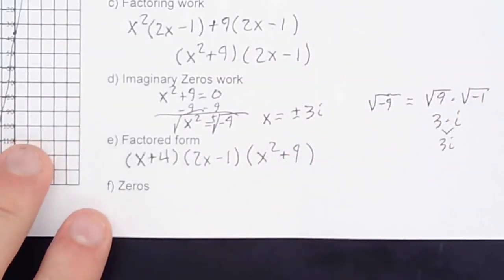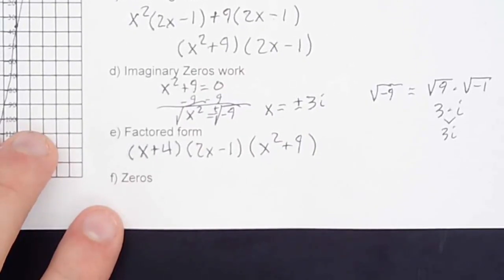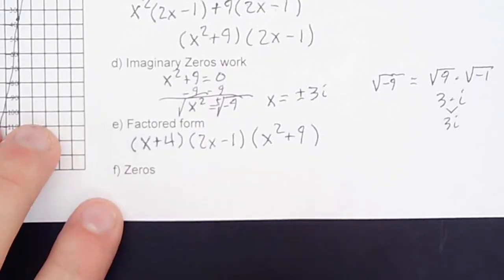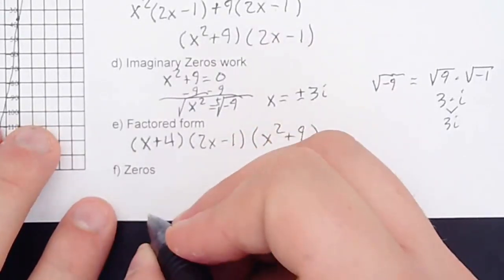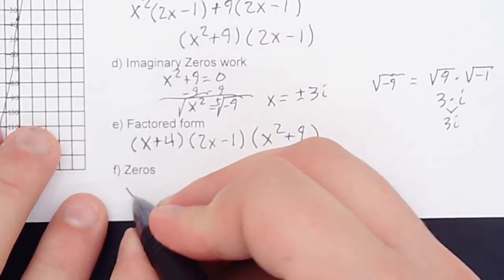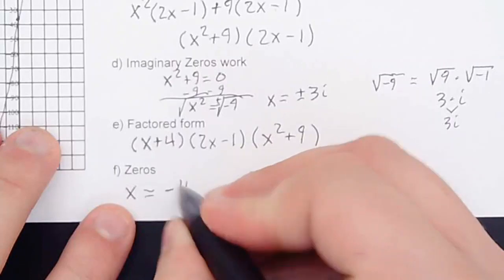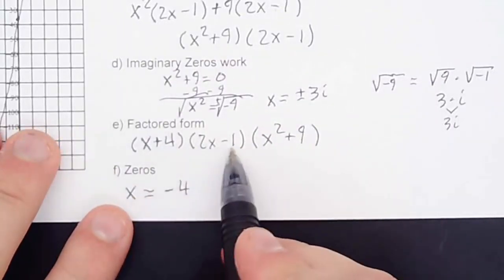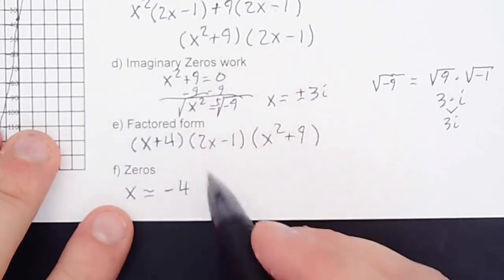Last but not least, we want to know what the zeros of this function are. The first one we had was negative 4. And again, this says zeros, not x-intercepts, so it is okay for me to write just x equals negative 4. Negative 4 would make this go to 0. For 2x minus 1, if I set this equal to 0, I'd add the 1 to both sides and then divide by 2, giving me 1/2.